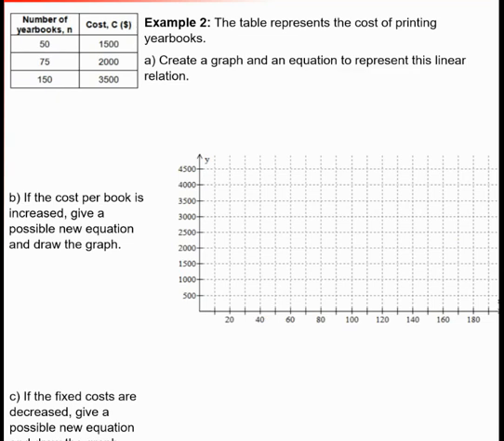All right, we are looking at a table of values. So sometimes it's good not just to take it from only an equation or a graph, but use a table of values at some point. The table represents the cost of printing yearbooks. Create a graph and an equation to represent this linear relationship.